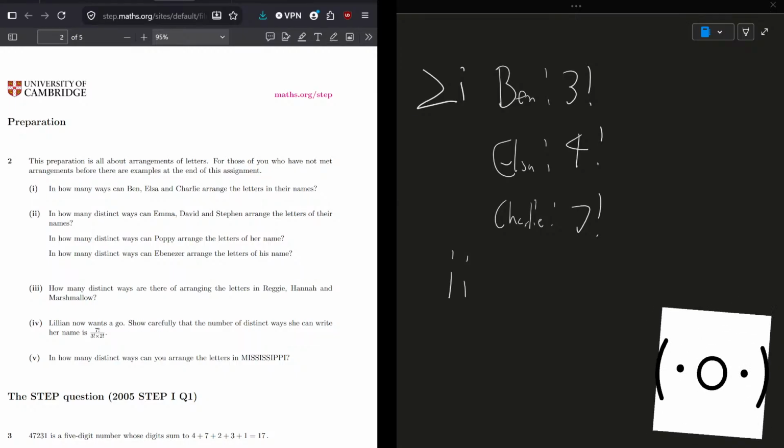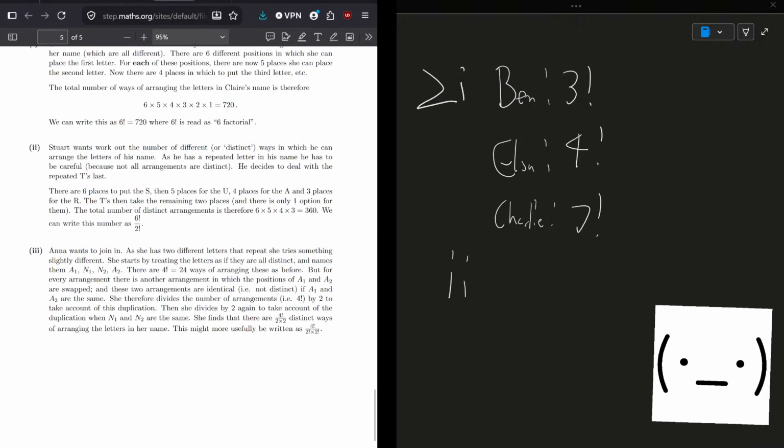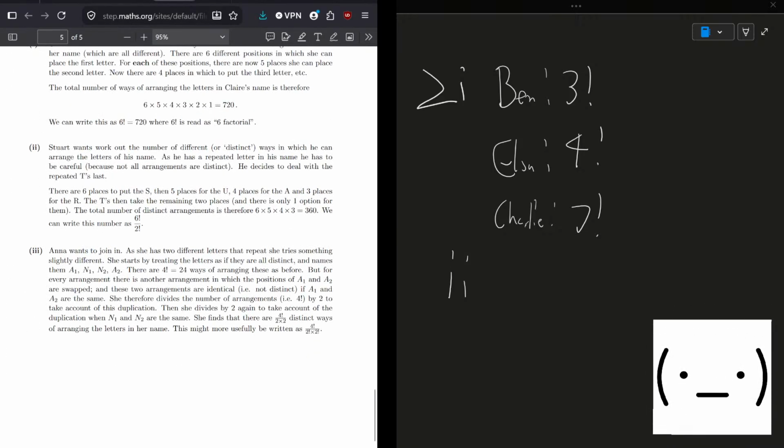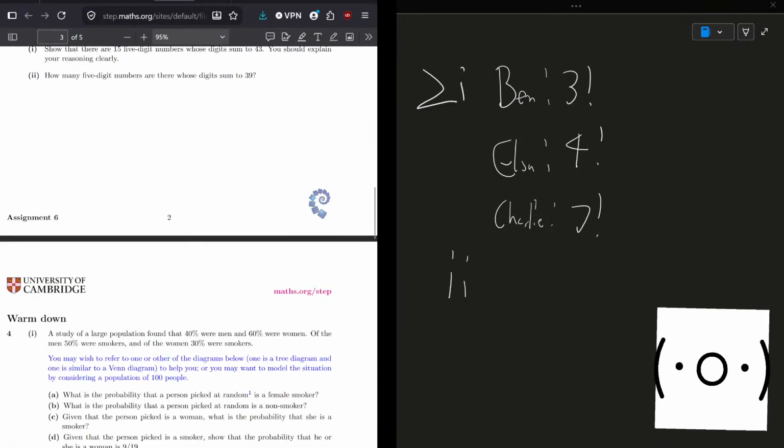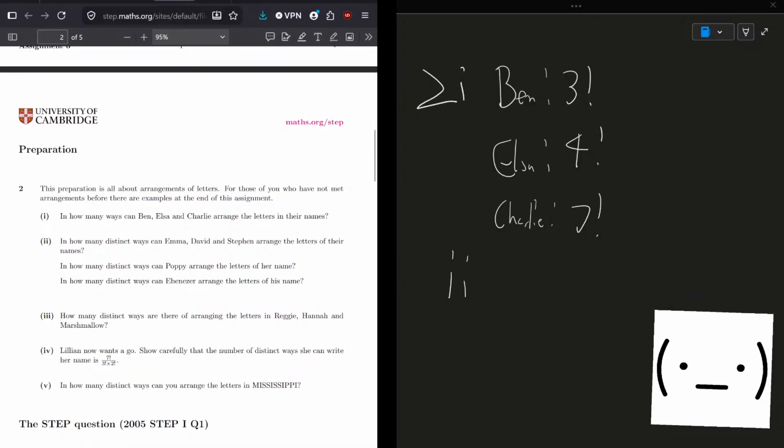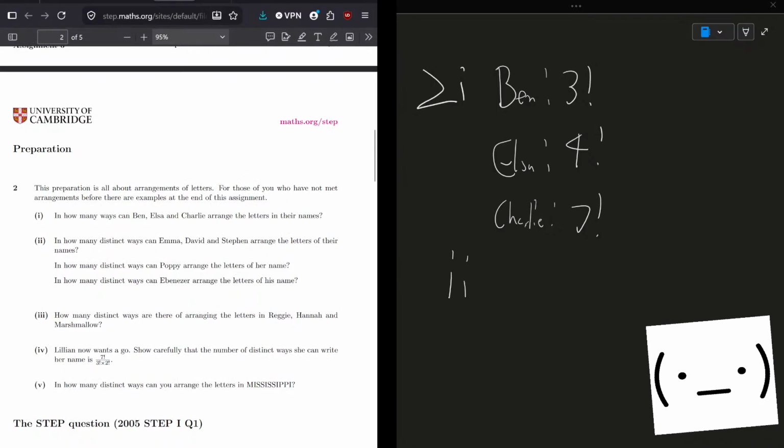Sorry, why not distinct by default? What's the difference between a way and a distinct way? Oh, because they have repeated letters. Yeah, makes sense. Okay, fine.